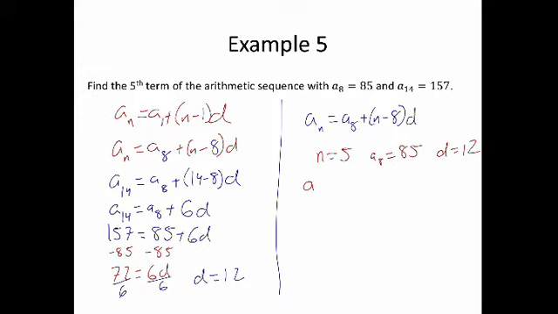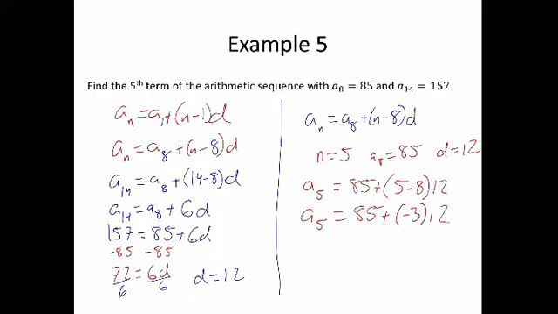Plugging all that in, we got a sub 5 equals 85, plus we have 5 as our n value minus 8 times 12. Cleaning this up a little bit, we got a sub 5 equals 85 plus, oops, sorry, that was bad looking. Let's try it again. Plus 5 minus 8 is negative 3 times 12.